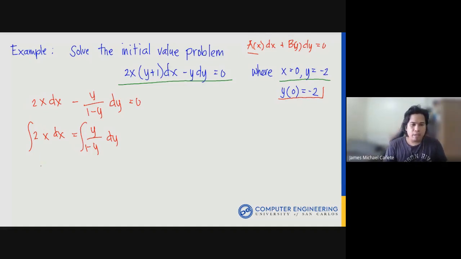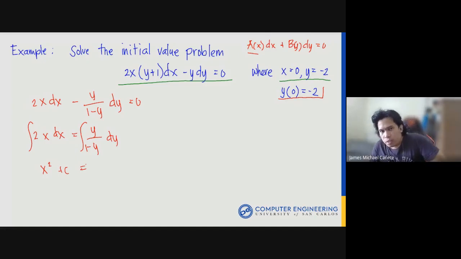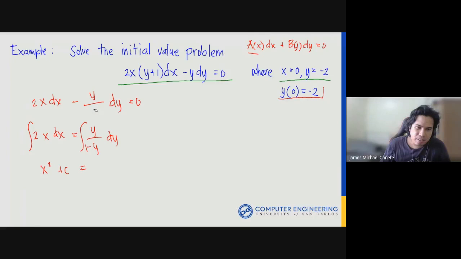So on the left side, it's x squared plus c. On the right side, what's y over 1 plus y? Y plus 1 also.